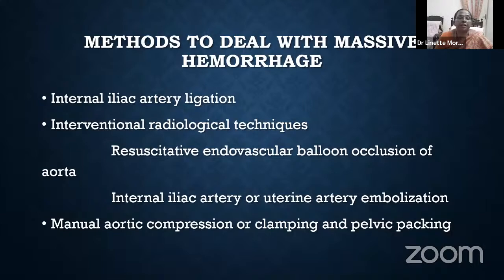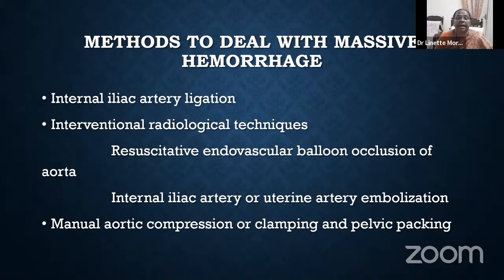Now, if a specialist radiologist who is trained in the occlusion of the blood supply to the uterus is available and the suitable instruments are available, resuscitative endovascular balloon occlusion of the aorta can be another option. Another option is uterine artery embolization, which again requires a skilled interventional radiologist who is aware of the embolization techniques.